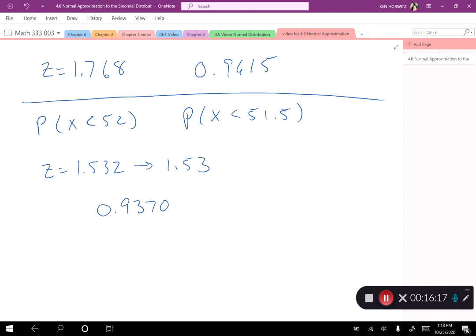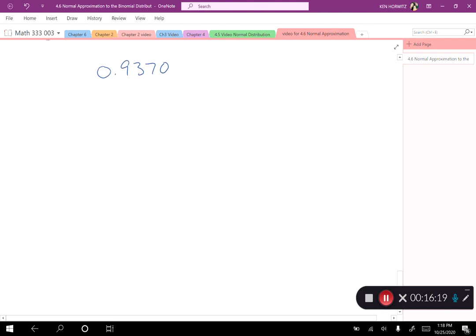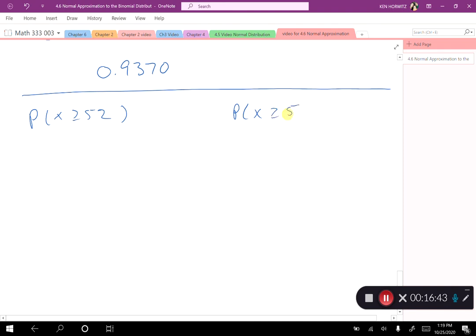All right, so just a summary of the continuity corrections. When I was doing the probability that x was greater than or equal to 52, I used the probability that x was greater than or equal to 51.5.